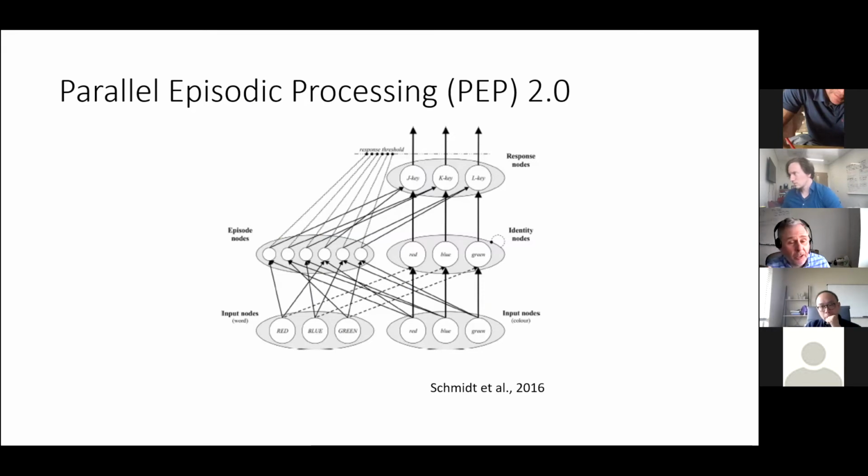It's a nice computational model, so it provides rigorous predictions of a range of effects, from the power law of learning to CSE and other behavioral phenomena. And one thing to note in this model is these episodes are not just linked to responses, but they're actually also linked to a response threshold.